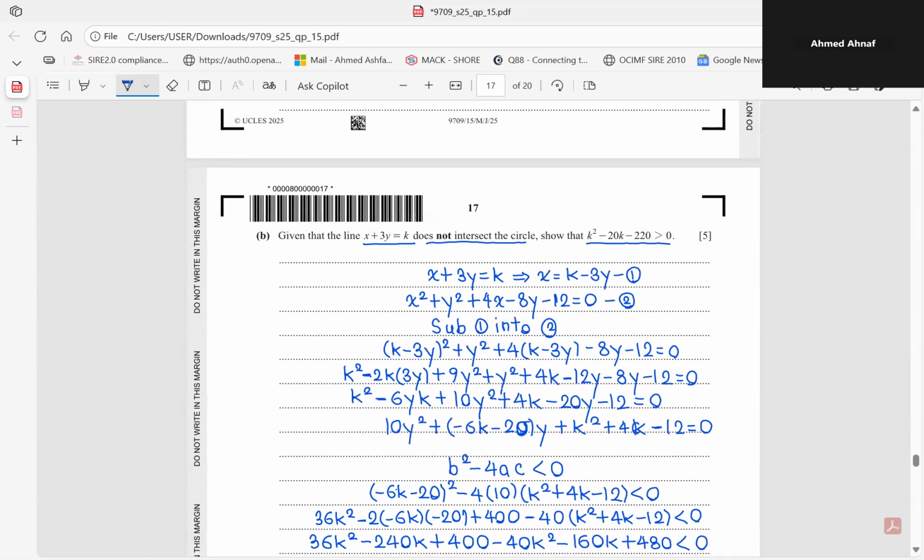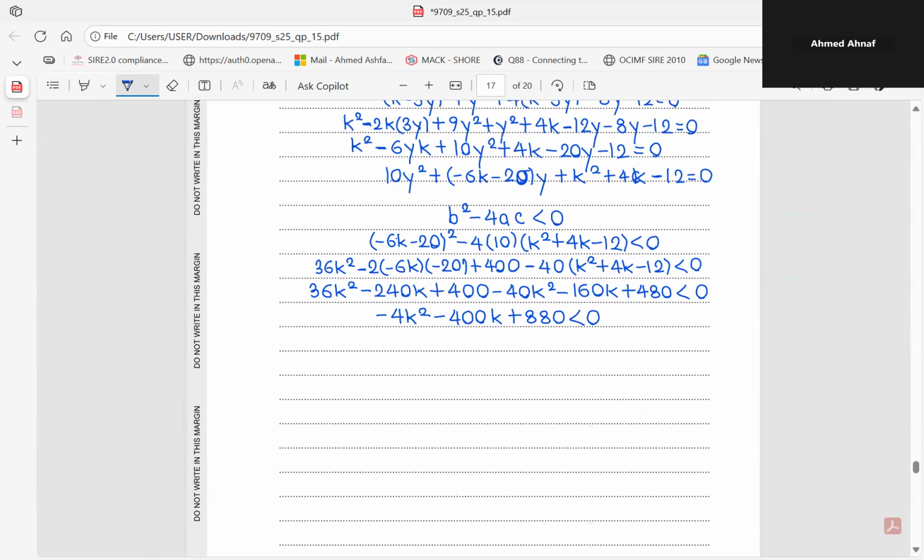Okay, so to get this into this form, we're going to divide the whole equation by minus 4. So this would be k squared plus 100, minus 880 divided by negative 4. Oh, sorry, this has to be k. So this is k minus 220. Don't forget to flip the inequality sign because we divided by a negative number, more than 0.